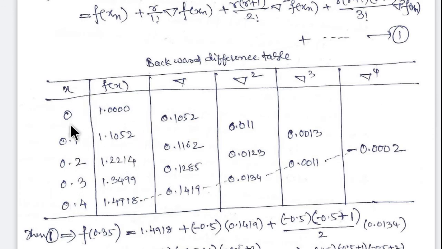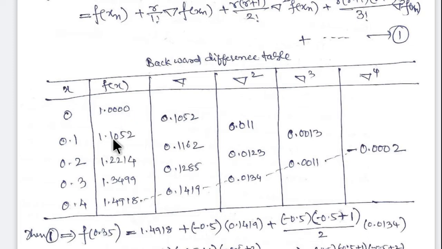The x values, as given in the table, are written in vertical form: 0, 0.1, 0.2, 0.3, 0.4. These are the arguments. The entries are the f(x) values, the functional values at the x values.